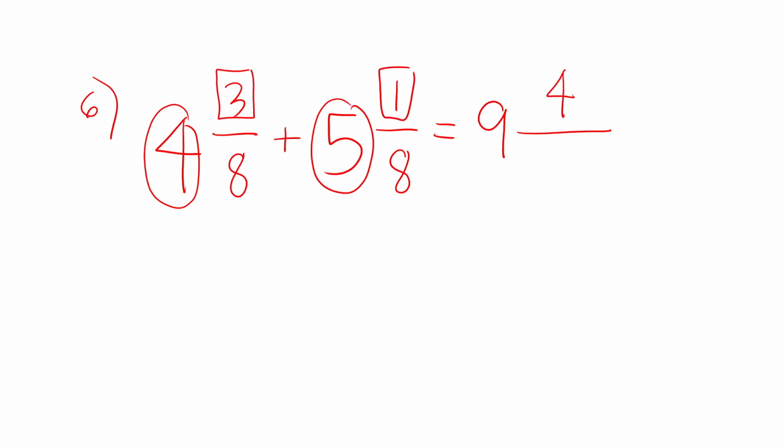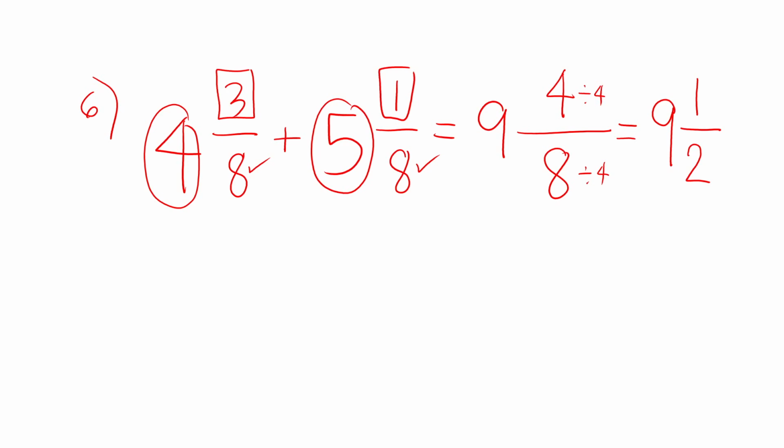Copy the denominator 8. Can you reduce the fraction 4 over 8? Divided by 4. Copy 9. Then your numerator is now 1 and your denominator is now 2. So 4 over 8 is 1 half: 4 divided by 4 is 1, 8 divided by 4 is 2, making it 9 and 1 half.